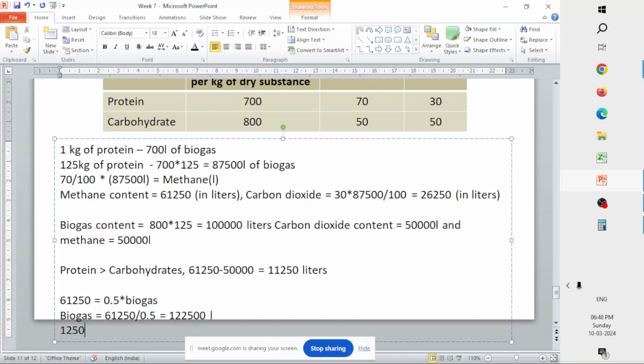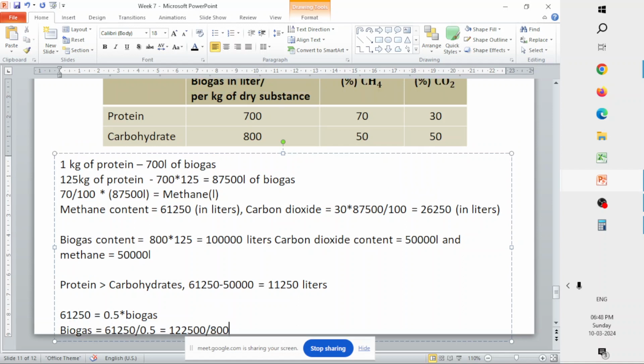This divided by 800, approximately, just a second, I'm using my calculator. This much carbohydrate feedstock will be required.